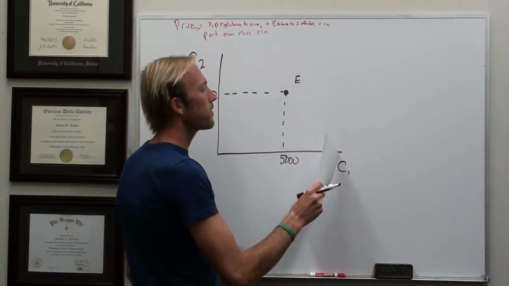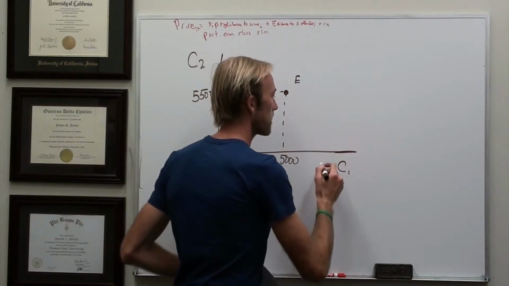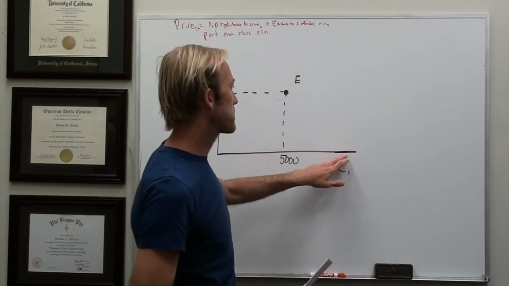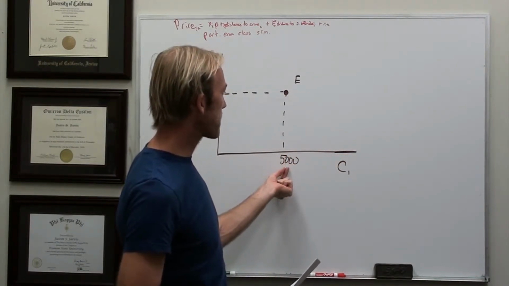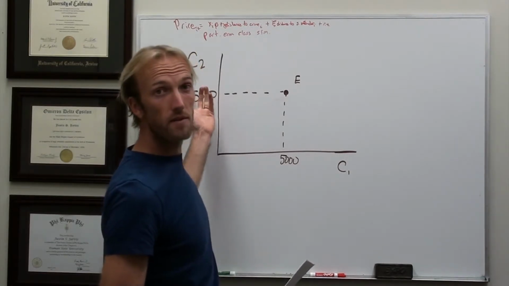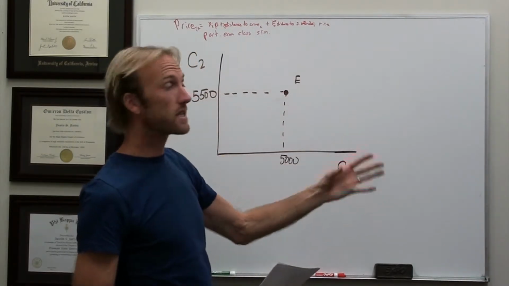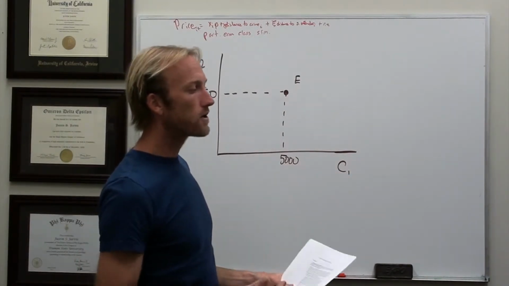So let's think about how we would get to the x-intercept, or the C1 intercept. That means that I'm only eating this summer. That means that I'm using up all $5,000 of my income from this summer, plus I'm getting a loan against my 5,500 and transferring it into today's consumption. How do I do that? I get a loan.